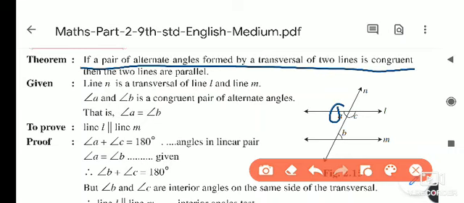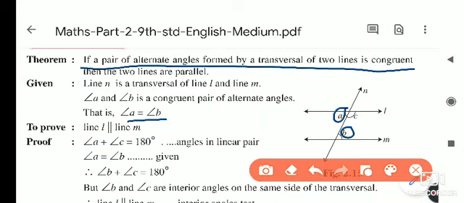So here A and B are the alternate angles, and if the measure of angles A and B is the same, they are equal. So what we have to write is: the line N is a transversal for lines L and M. Angles A and B are a congruent pair of alternate angles, that is A is equal to B, and we have to prove that line L is parallel to line M.